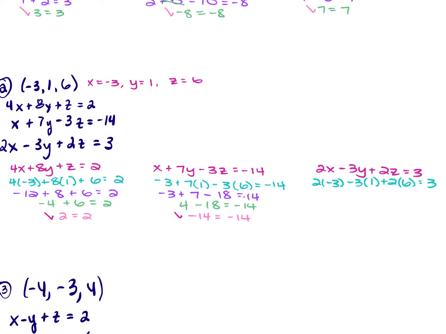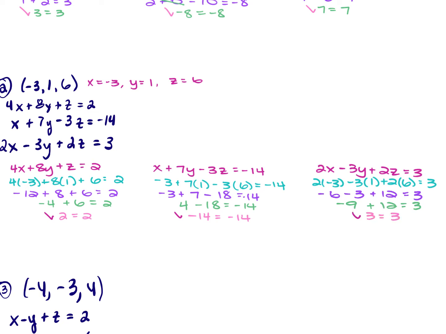So from here, the 2 times -3 is -6. The -3 times 1 is -3. The 2 times 6 is 12. -6 minus 3 is -9. Plus 12 gives us 3. So once again, you have a true statement.